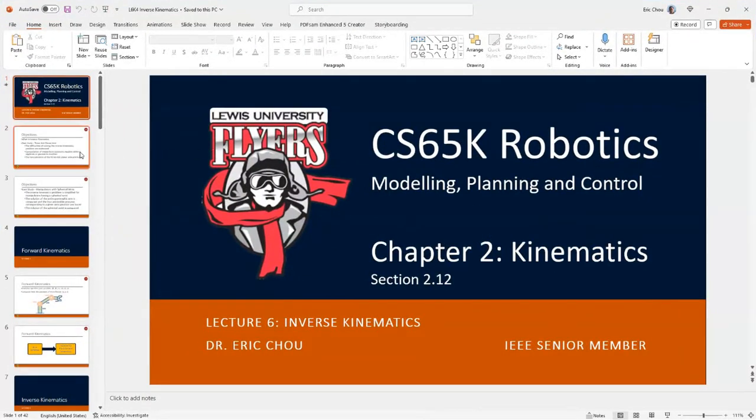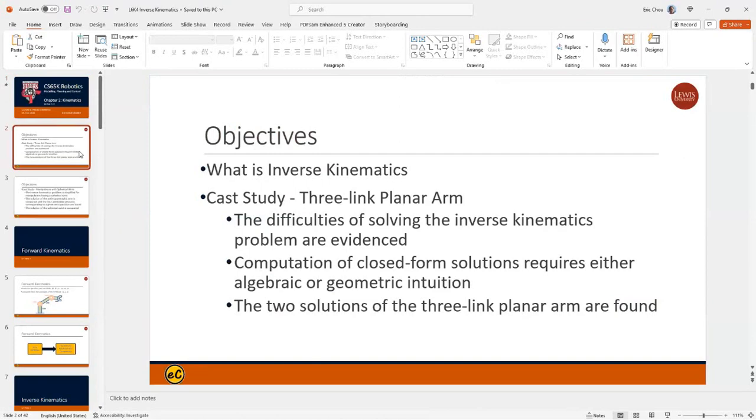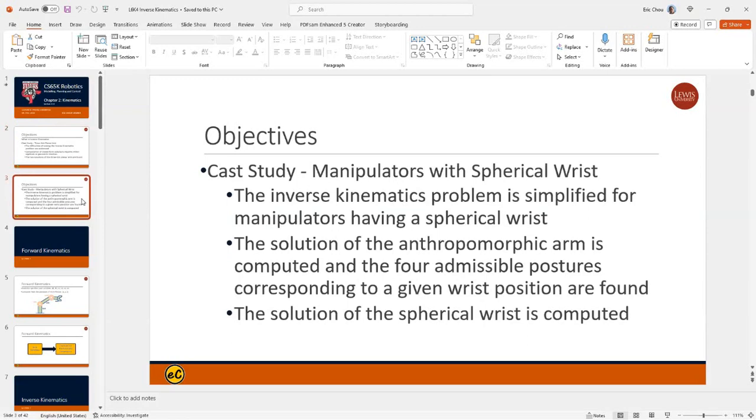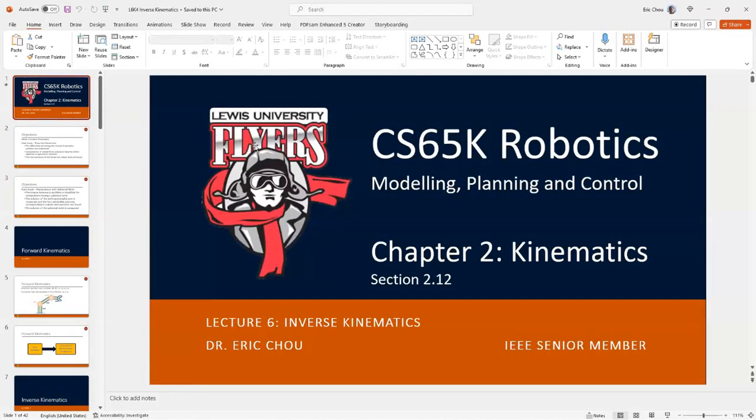Inverse kinematics is the reverse of the Denavit-Hartenberg matrix.